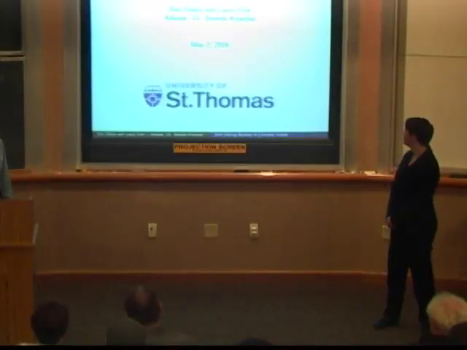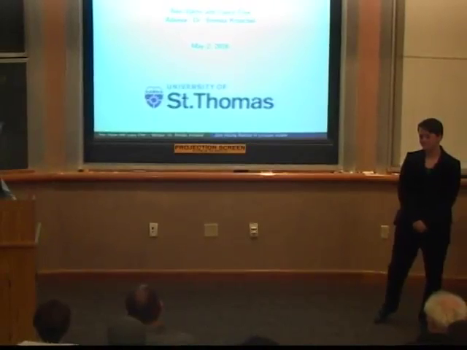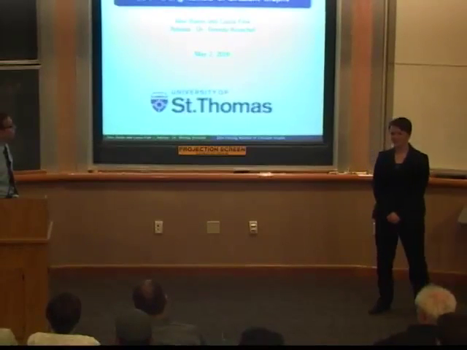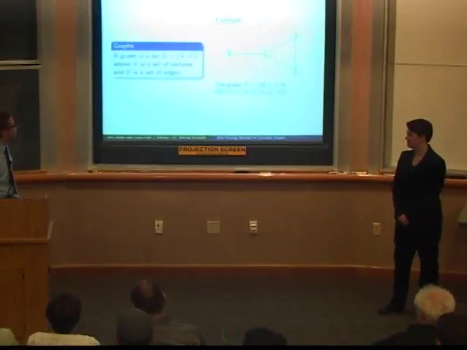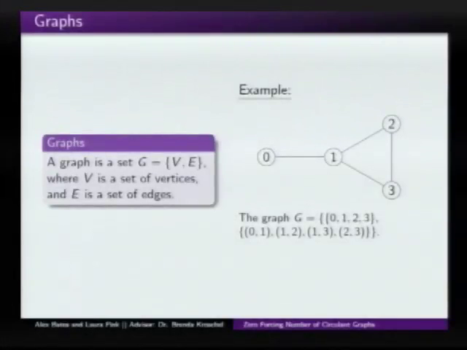And as Dr. Stolarska said, we're here to talk to you about zero forcing number of circulant graphs. But before we dive into that, which sounds really, really technical, we're just going to go over what is a graph. A graph at its core is just a set of vertices and edges. We have an example here.